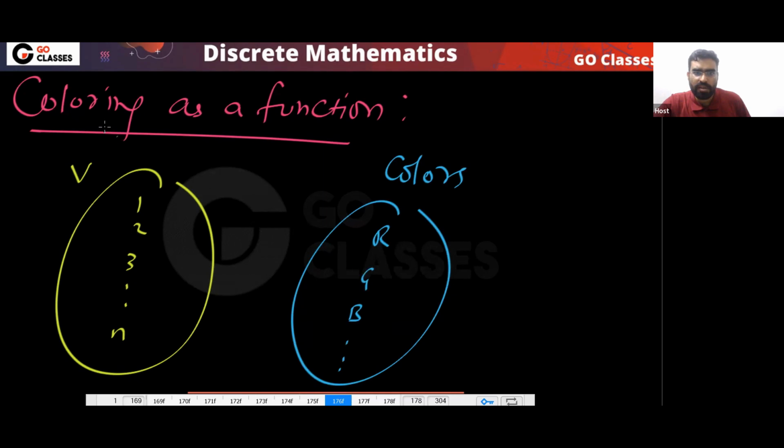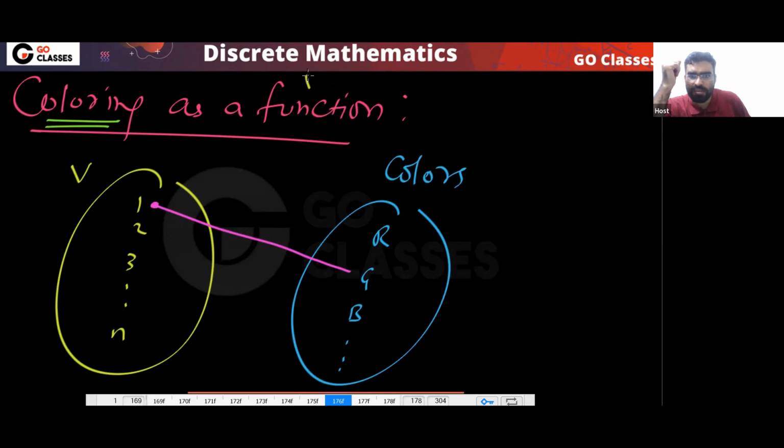To one vertex, how many colors do we give? Only one. And to every vertex, do we give a color? Yes. So this is a function, right?